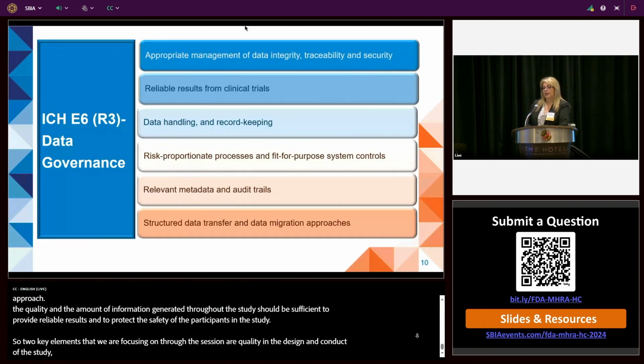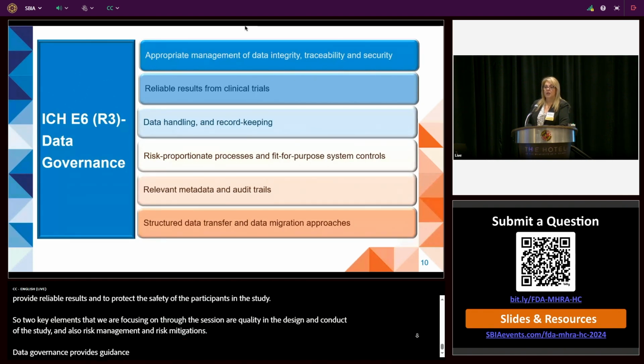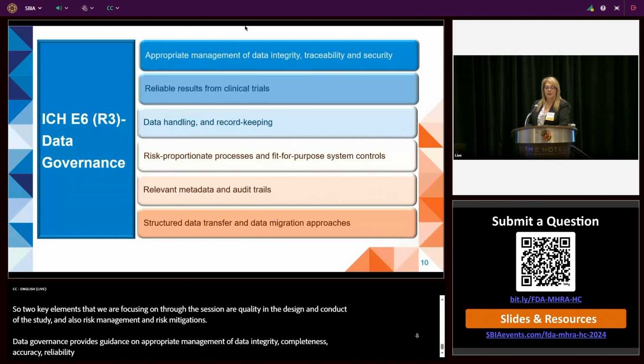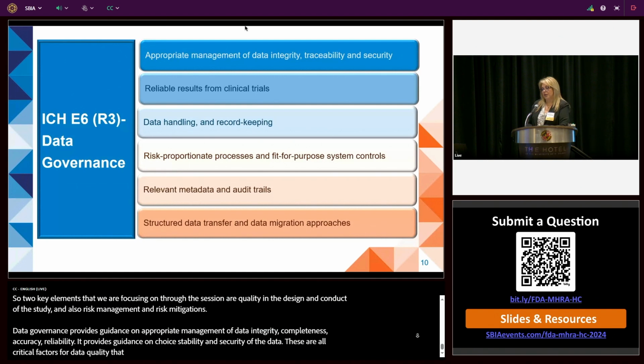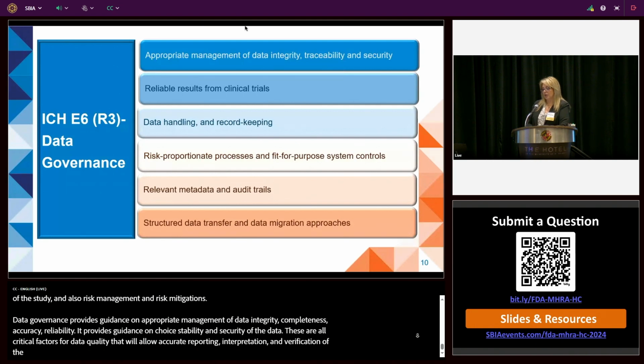Data governance provides guidance on appropriate management of data integrity, being completeness, accuracy, reliability. It provides guidance on traceability and security of the data. These are all critical factors for data quality that would allow accurate reporting, interpretation, and verification of the trial results. It also provides guidance on handling of the data and record keeping, how to obtain reliable results.